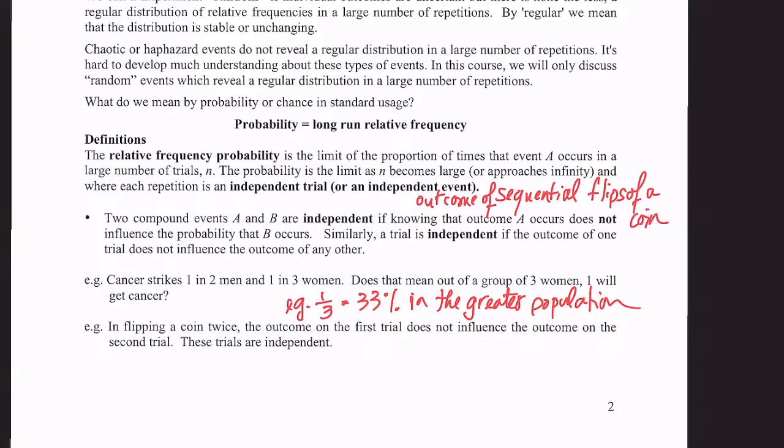And you would say something like, I think it's like 550 per million population in the US.